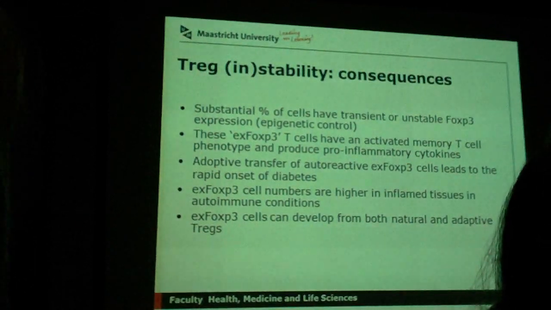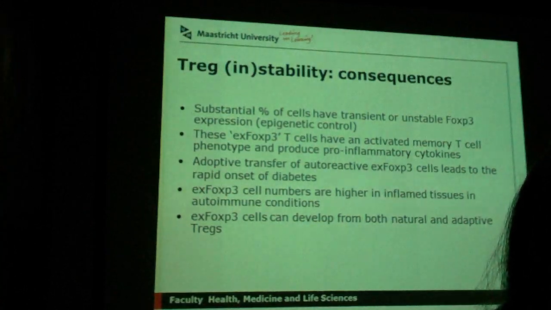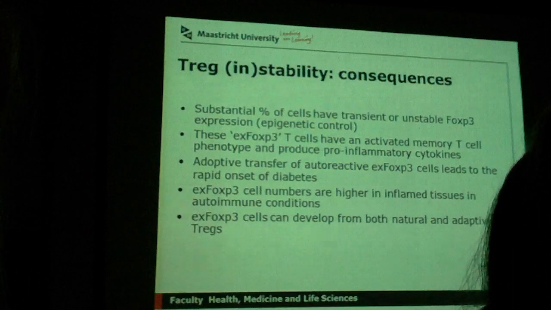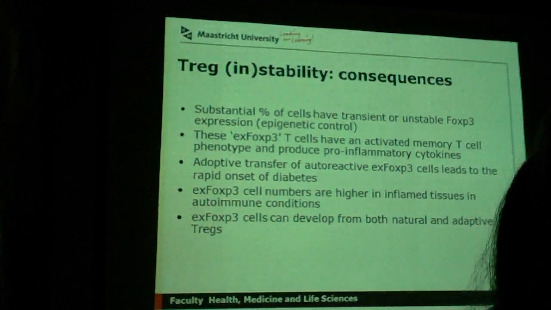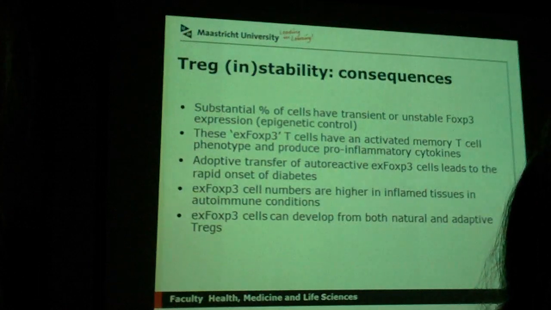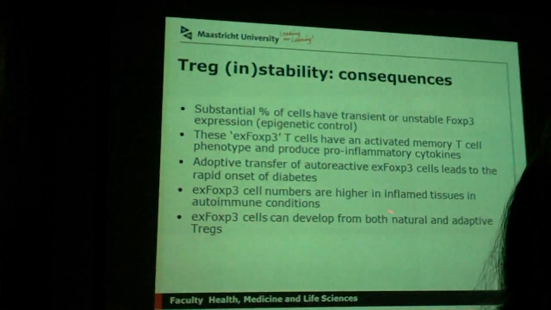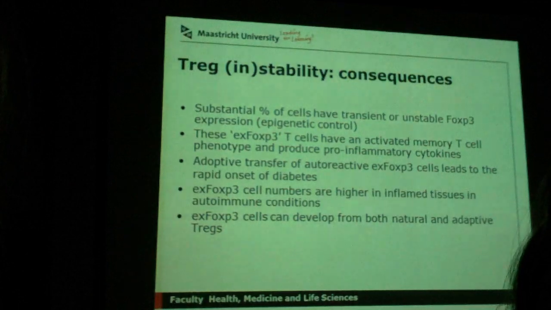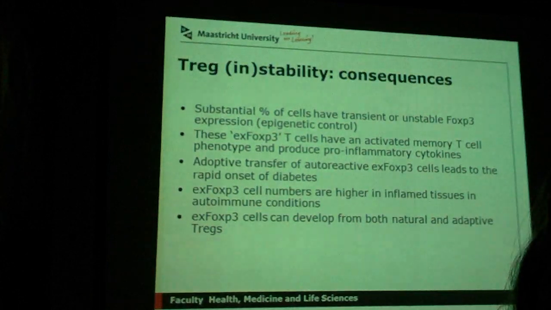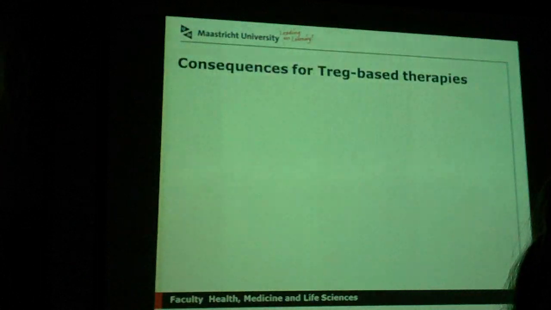When you transfer these ex-FOXP3 cells into a mouse, these cells contribute to the onset of diabetes. So they don't prevent this like Tregs do, but they now contribute to pathology. And they are also found in inflamed tissues. These ex-FOXP3 cells can develop from both natural and adaptive Tregs, so it complicates all matters a bit more.